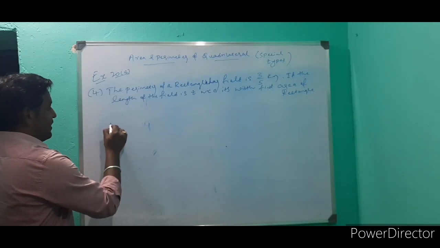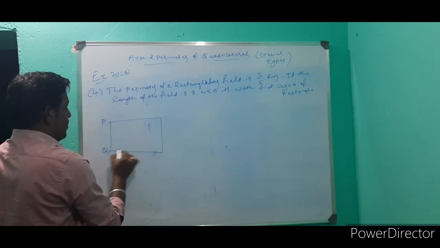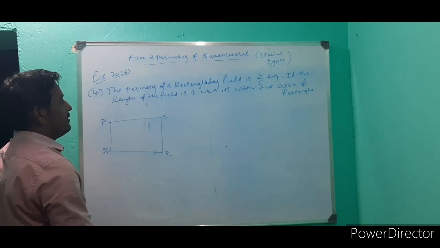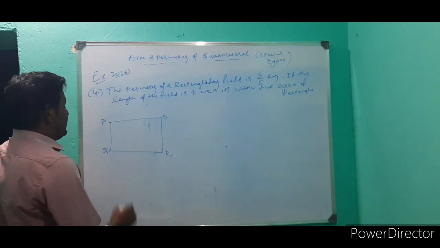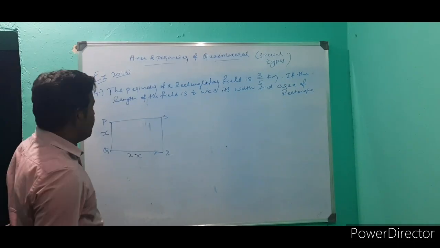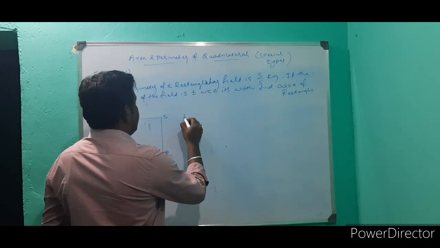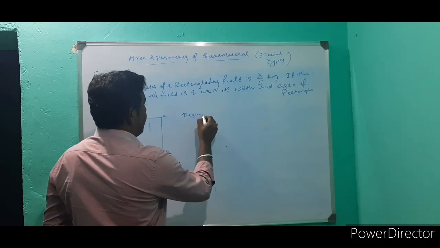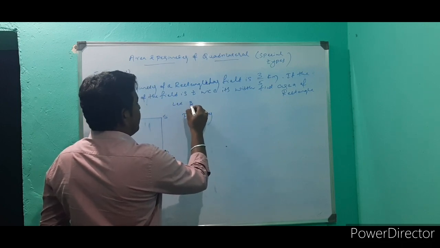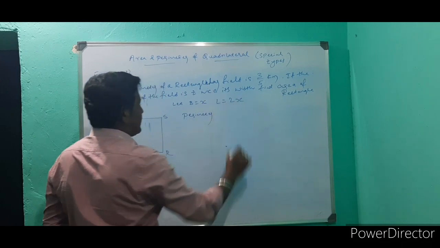So if you take a rectangle, EQRS is a rectangle, this is length. Length is twice of its width. This is x, means this is 2x. First you can let width is x, means length is 2x.